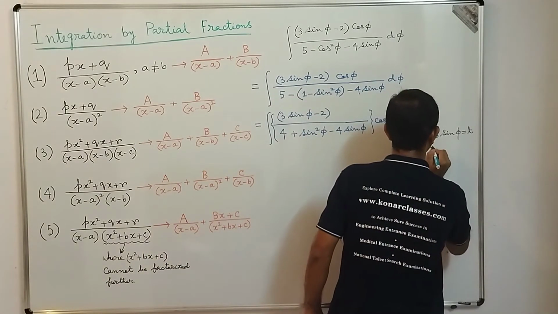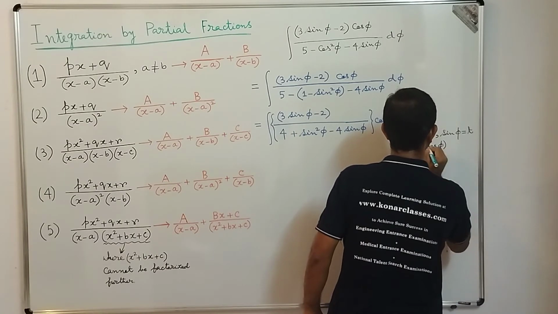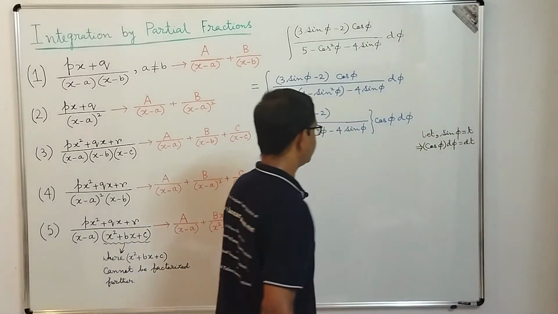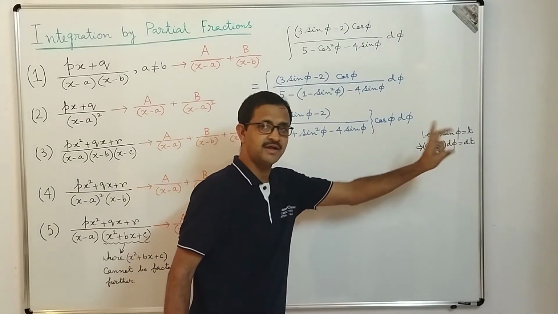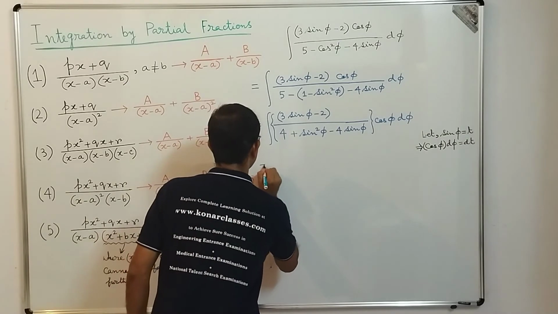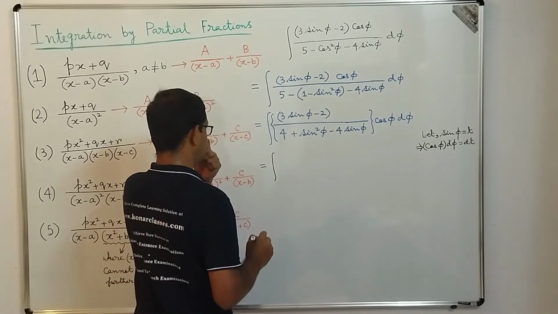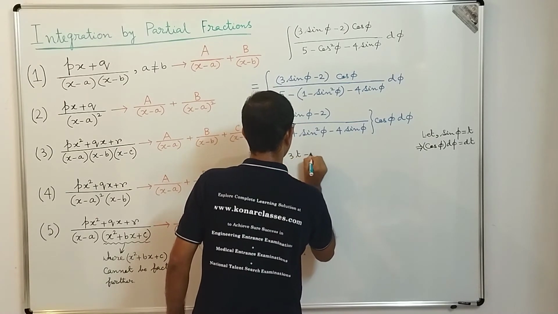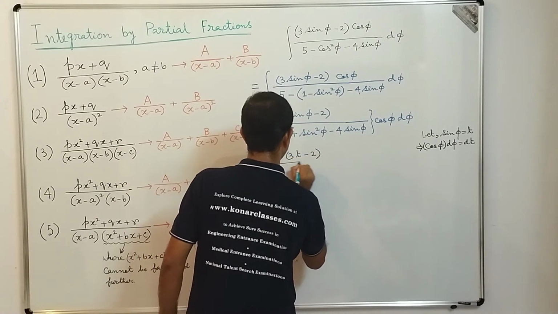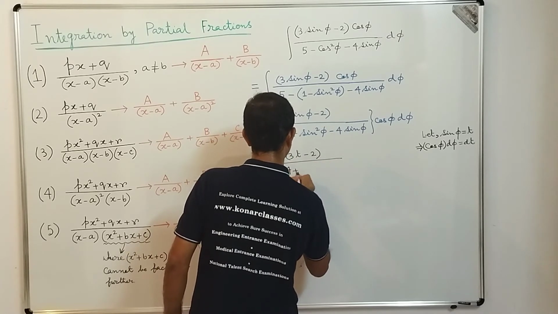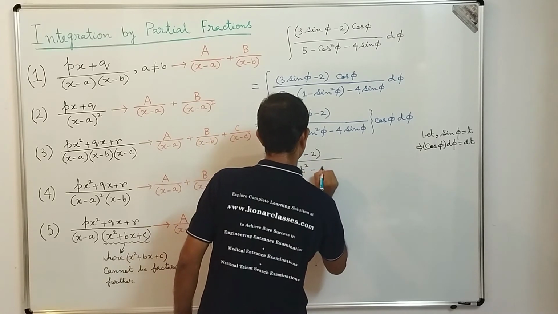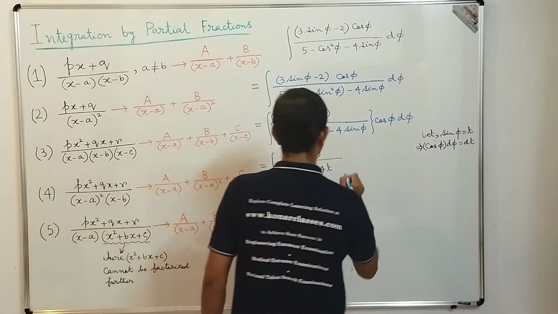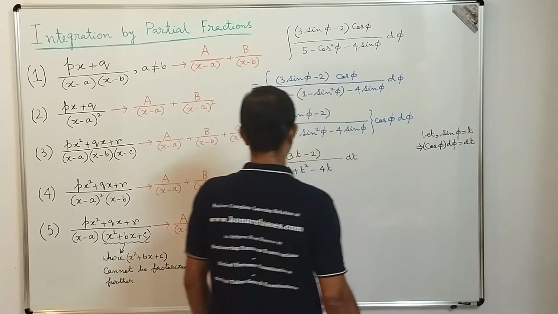So cos phi into d phi is equal to dt. That means instead of cos phi d phi we can write dt. Then this integration becomes 3 sin phi minus 2, that means 3 into t minus 2, divided by 4 plus t square minus 4 into t, into cos phi d phi which is dt. Correct.